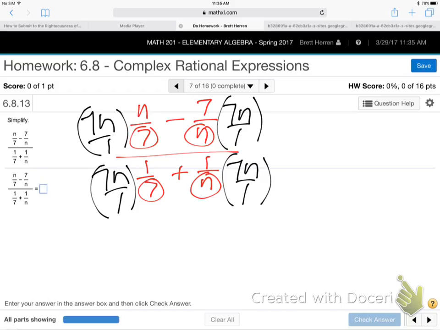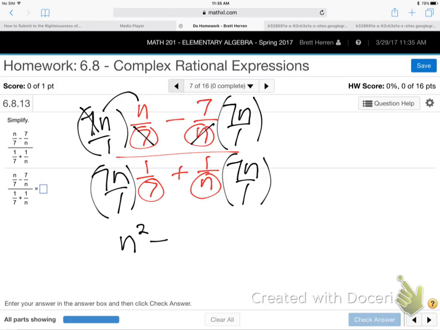And cross cancel. So go slow, be careful. Cross cancel and multiply whatever's left over. So 7 cancels 7. What's left over? n times n, n squared. Is that good?